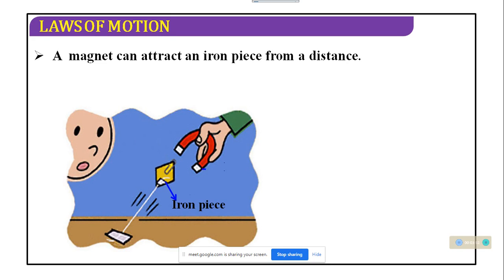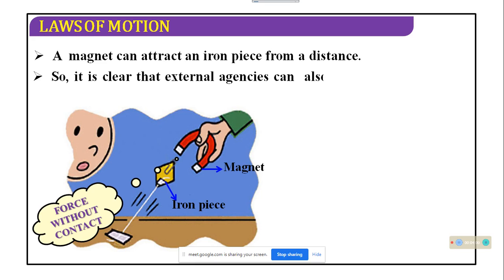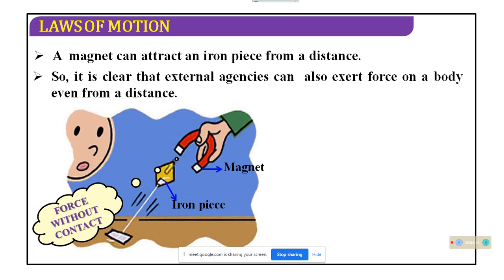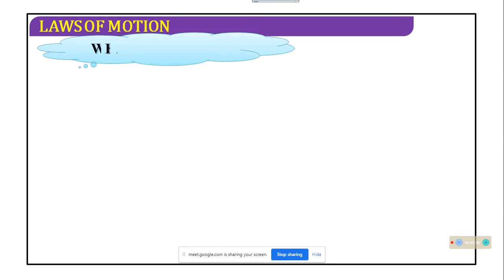The iron piece, magnet, the force without contact. So it is clear that an external agency can also exert force on a body even from a distance, like gravitational force. What is force?